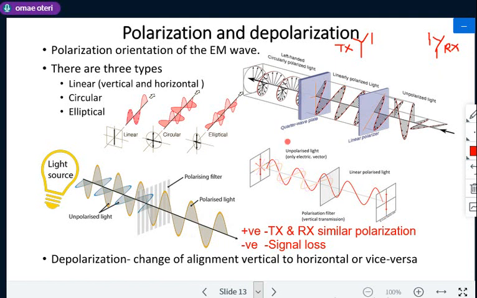What are some of the causes of depolarization, in which case you are not able to receive your signal properly on the receiver side?